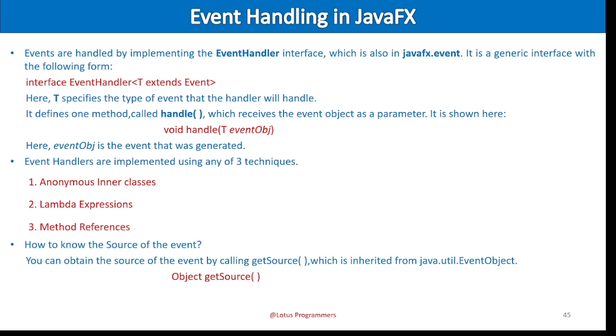That method is the handle method, which receives the respective event object, the source object on which the event occurred. That event is sent to the handle method in order to handle events.